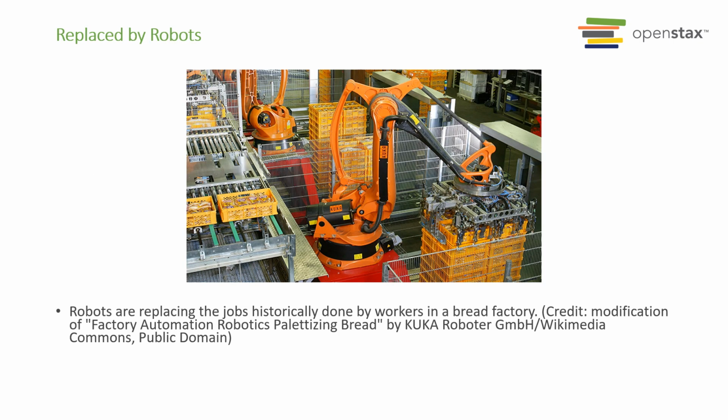Okay, so if you remember this slide, we had this robotic arm that was illustrating the point that human labor in this bread factory was replaced by automated labor, in this case, a robot, due to technological progress. Again, highlighting that difference between those two primary types of technological innovation that we're going to discuss. One is one in which labor becomes more productive, and therefore the demand for labor increases.